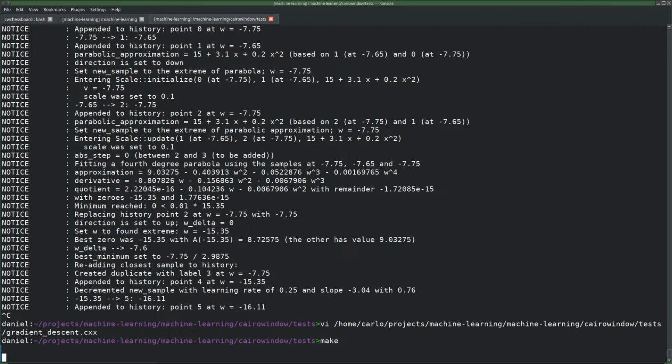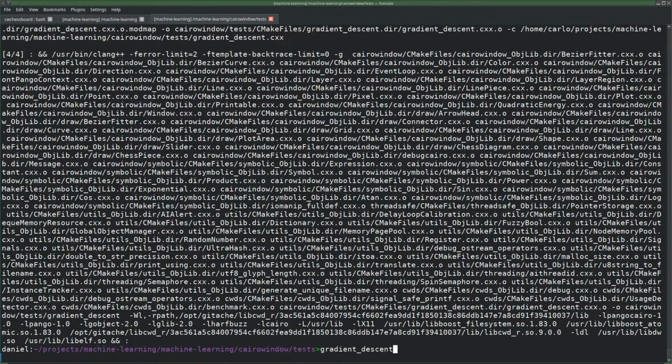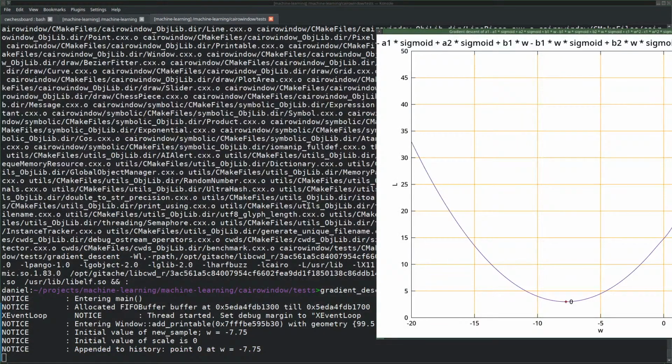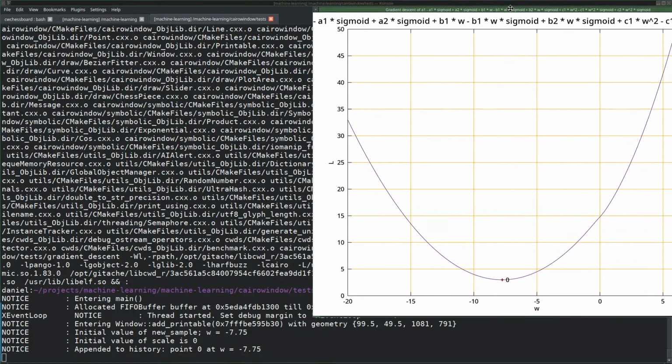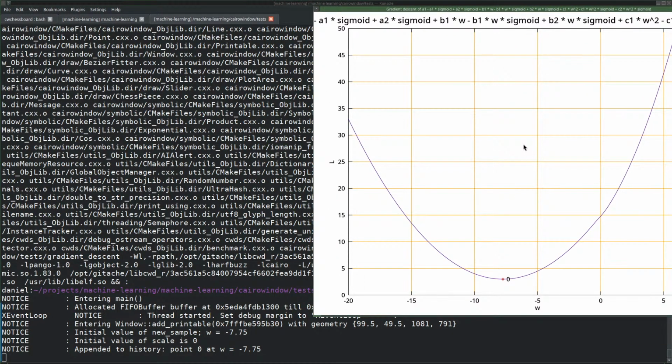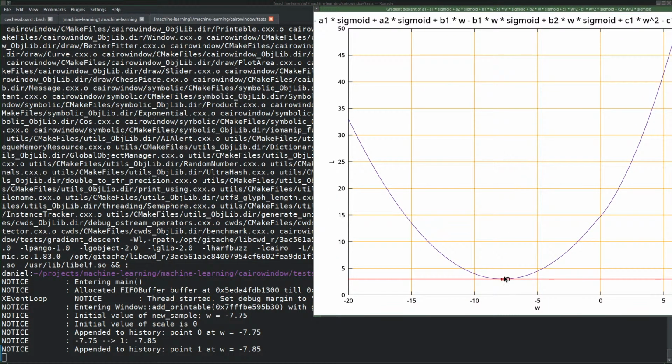Specifically pick a negative direction. Okay, we did 0 again, and now we go in the negative direction. Little step. So now we get it to minus 7.85 instead of 6.5.